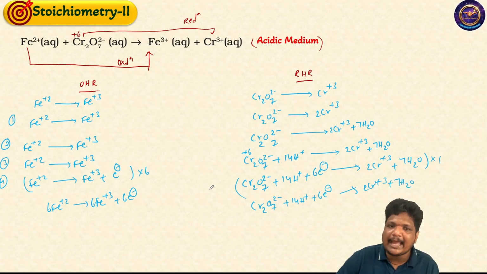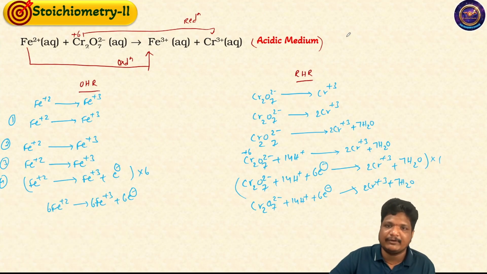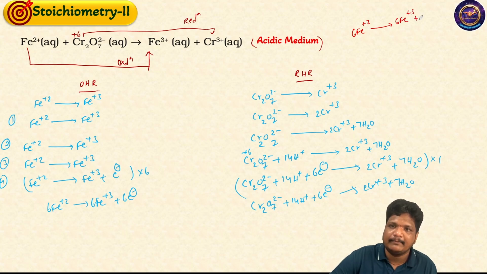Now you can add these two half reactions. 6Fe+2 gives rise to 6Fe+3 plus 6 electrons. And Cr2O7 2- plus 14H+ plus 6 electrons gives rise to 2Cr+3 plus 7H2O.